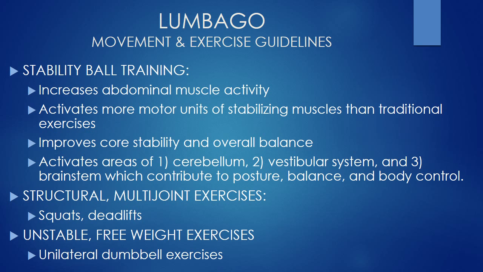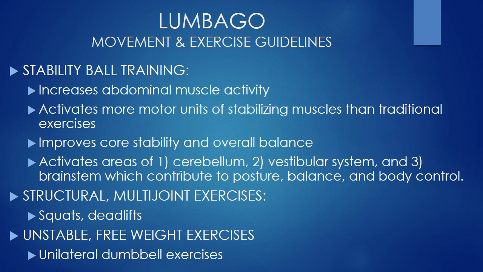So what are some ideas? Well, this is where stability ball training becomes so valuable. Stability ball training involves training on an unstable surface, and the unstable surface contributes to several positive effects. Number one is that it increases the abdominal muscle activity.